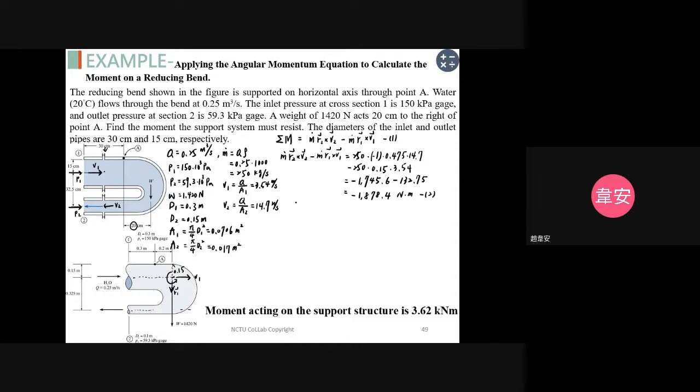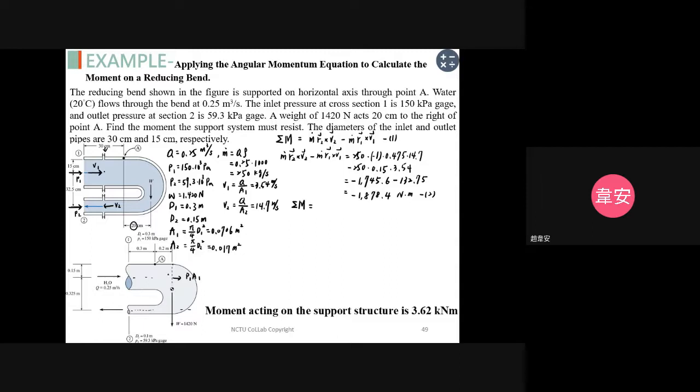So this is for the angular momentum balance. And right now we consider the sum of the moments. First, what is the moment? The first one is the pressure contribution from P1 and A1.